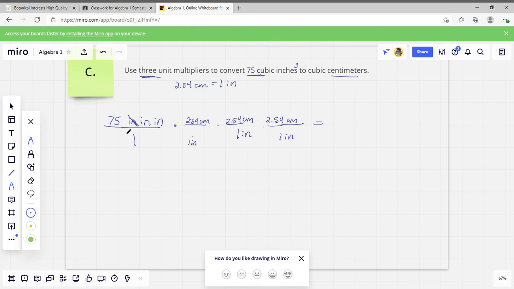Inches cancels inches, and then this one cancels this one, and we're left with 75 times 2.54 cubed, and then centimeters cubed. And that's your answer. You don't even have to multiply that out. That's what it looks like in the answer key. So don't worry about multiplying these out.